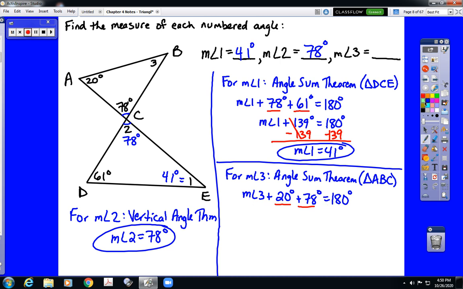Same exact work, combine like terms. The measure of angle 3 plus 98 degrees equals 180 degrees. Then we simply subtract 98 from each side, which gives us that the measure of angle 3 is 82 degrees.